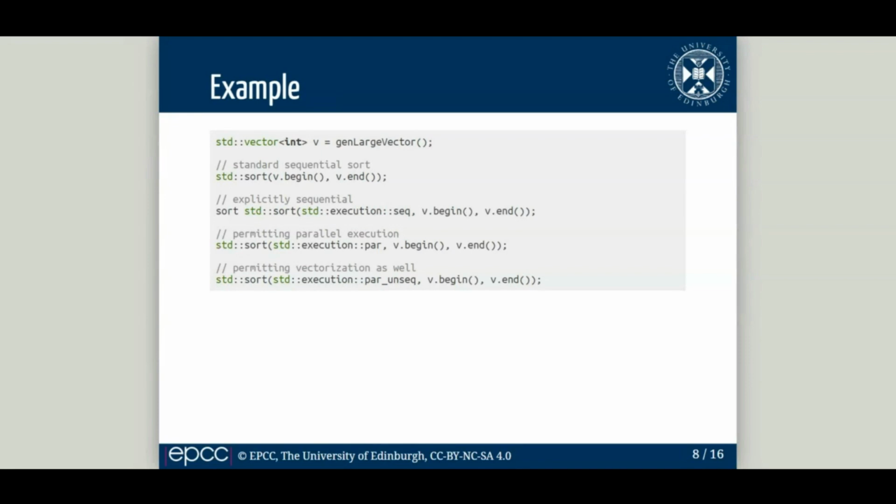I can do the sequential sort. I can specify that I want explicitly to do it in a sequential way. I can say that I want it in a parallel execution, and also I can say that I want to allow the vectorization as well here.